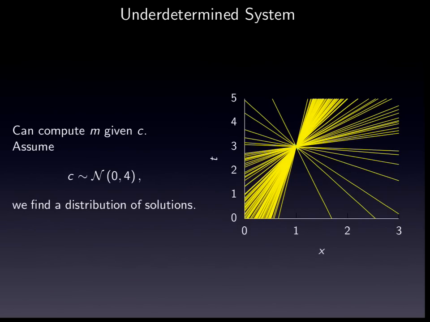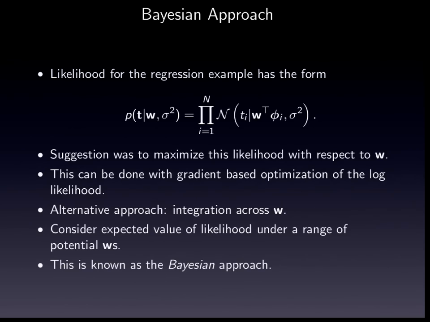These are samples from the posterior. Does that make sense? So it's a very different process to what we've been doing. But the marginal likelihood can be used for model selection. And in fact, that's what you get asked to do in part 3 of the lab class, to compute the marginal likelihood for the different models you fit, the different basis functions. This is known as the Bayesian approach.